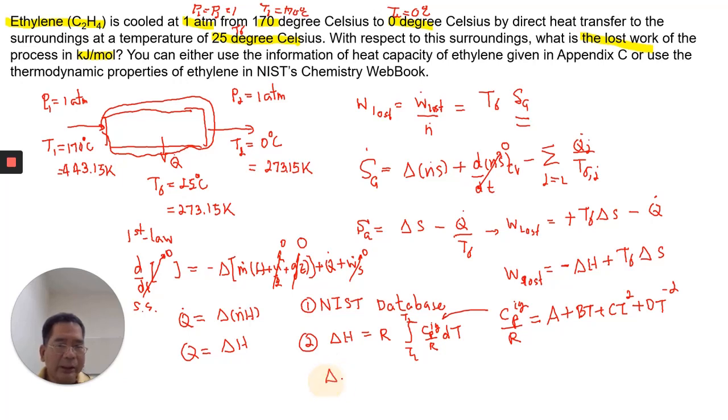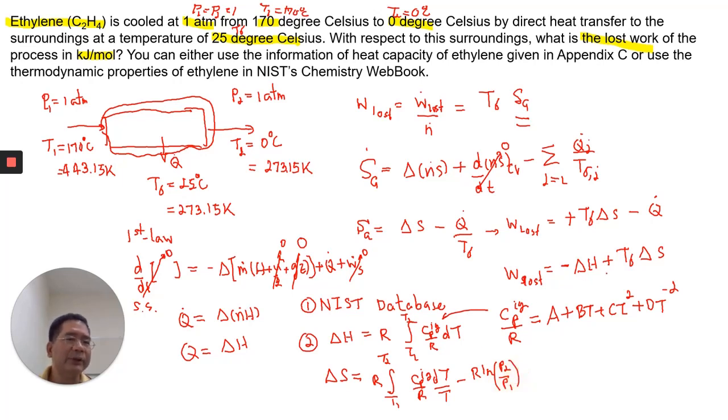And delta S will be equal to R times the integral from T1 to T2 of CPIG over R dT over T, minus R natural log of P2 over P1.